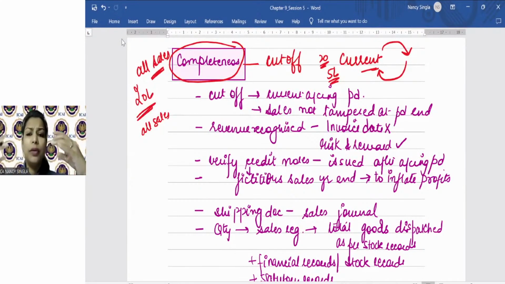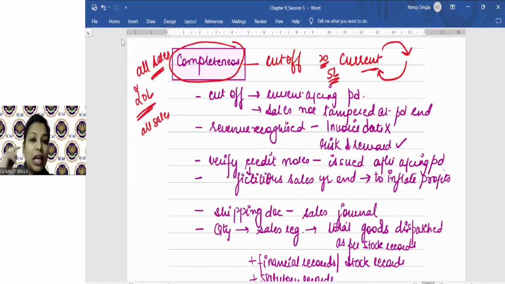And if you have seen, always we discuss cutoff under the head of completeness. तो इसी का मान लो एक पार्ट ही है ना, because completeness में हम क्या देखते हैं, whether all sales have been considered. और cutoff में एक further step क्या होता है, the sales that have been considered they pertain to the correct accounting period. ठीक है.